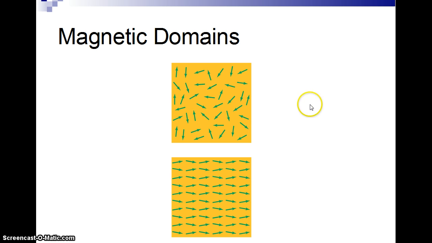Some are together, some are against each other, some are canceling out right next to each other. But in general, they add up to 0. But in a permanent magnet, those domains add up, or some fraction of them add up. The net is in one direction or not. So each individual small portion of that piece of iron, nickel, or cobalt acts like a magnet. And sometimes they cancel out, sometimes they add up.